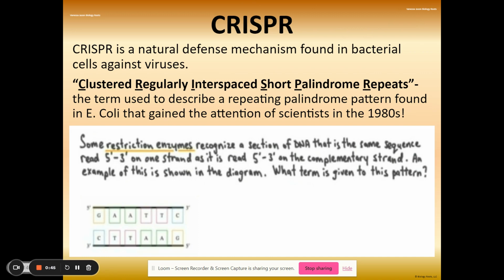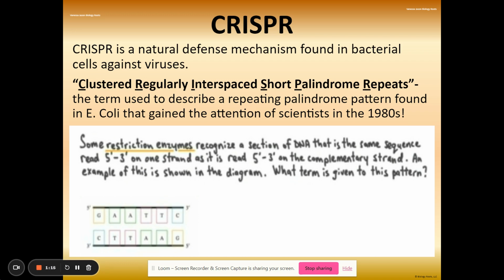So if you look at this, this is just something I found from another website kind of explaining what this palindrome is. If you look at it, this one DNA strand is GAATTC. Remember, 5 is top, 3 is bottom. If you look at the other side, it is 5 to 3, top to bottom, GAATTC.